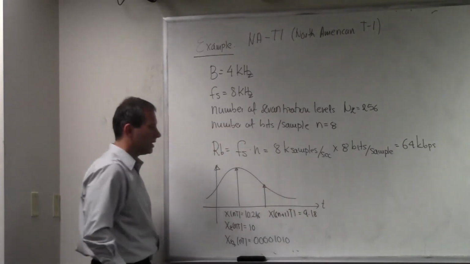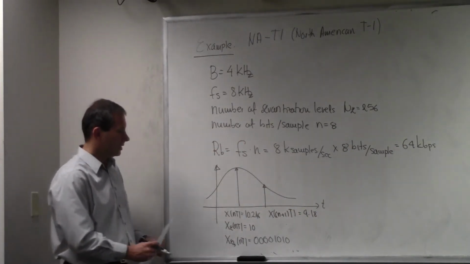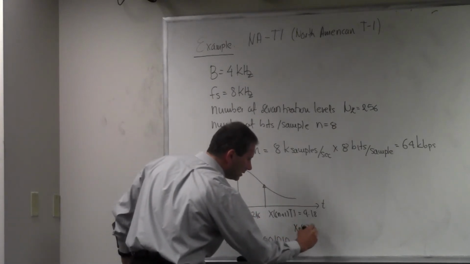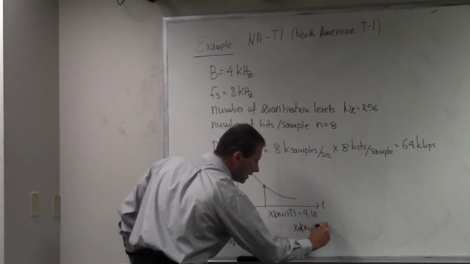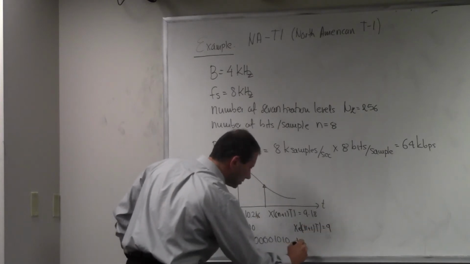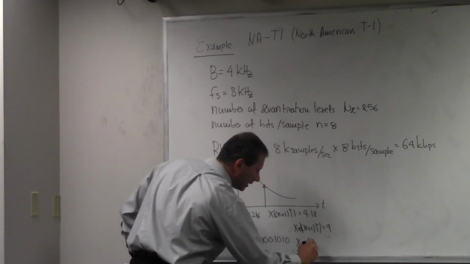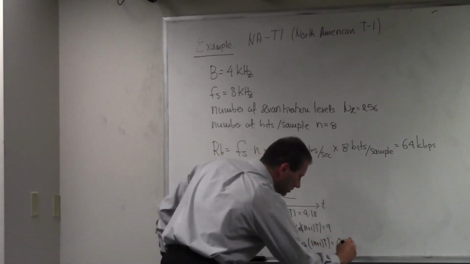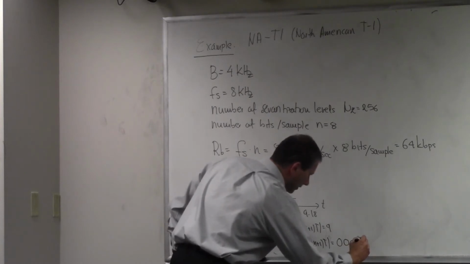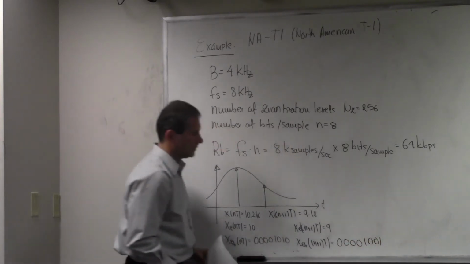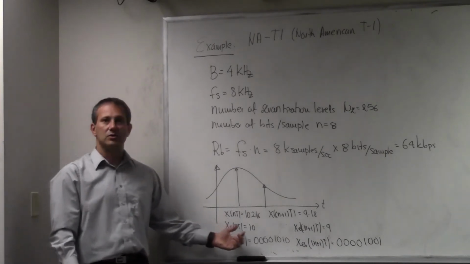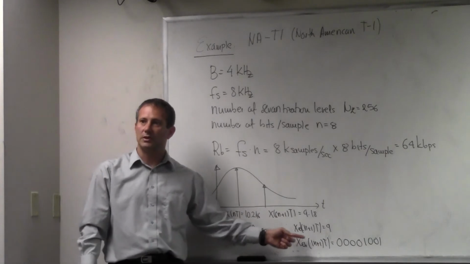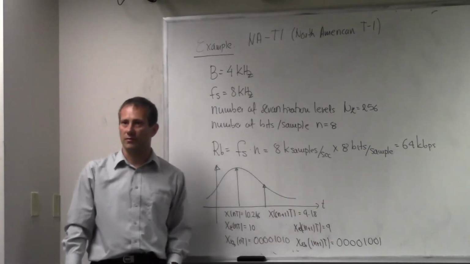Going down and falling into the next interval, I quantize this as x hat of n plus 1 T as 9, and I represent x hat binary of n plus 1 T as 0, 0, 0, 0, 1, 0, 0, 1. And then when I send this over the line, these bits go first, and these bits go second, and so on and so forth.